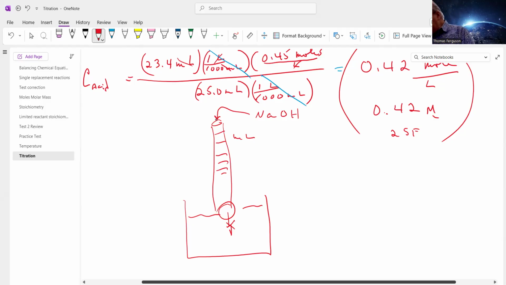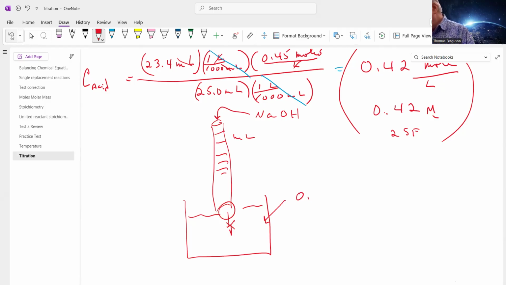Step number two is your acid. You're going to add your acid with a pipette, which is graduated to be either 20 or 25.